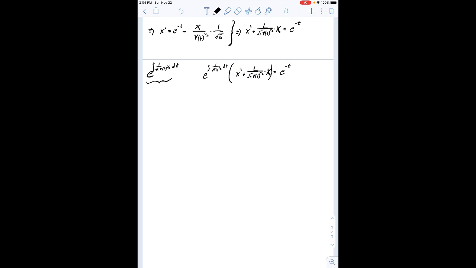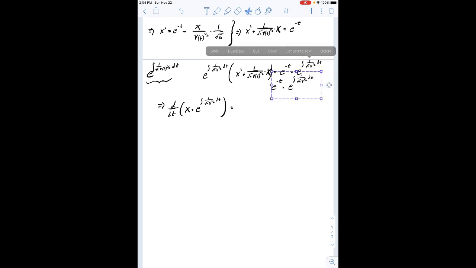And then we have to multiply it on the other side as well. So we get this, and then we say that this is just equal to d/dt of x times my integrating factor, because of the special form that this left side is in, it is equal to this side right here.